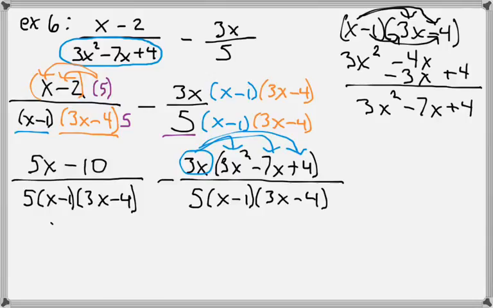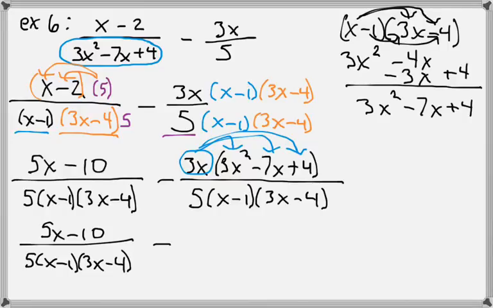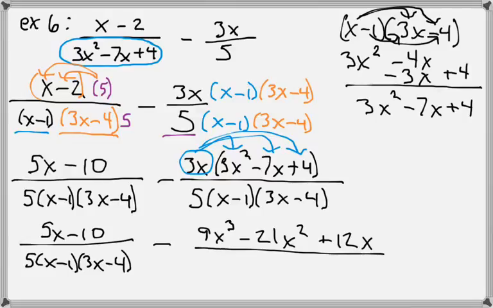So here I still had my 5x minus 10 over a 5, x minus 1, 3x minus 4, minus, now I can go ahead and make that distribution there. I have a 9x cubed minus a 21x squared and a plus 12x all over our denominator of 5, x minus 1, 3x minus 4.